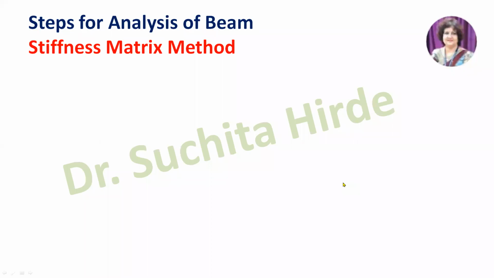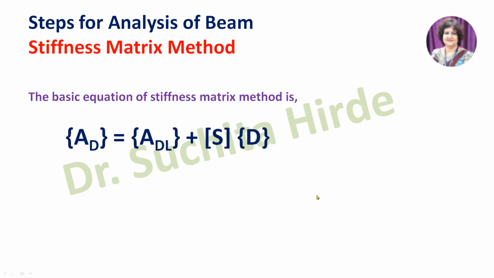Let us first revise the steps for analysis of beam using stiffness matrix method. So basic equation of stiffness matrix method is AD is equal to ADL plus SD. In this equation, the unknown is D matrix and our aim is to calculate the quantities in D matrix.